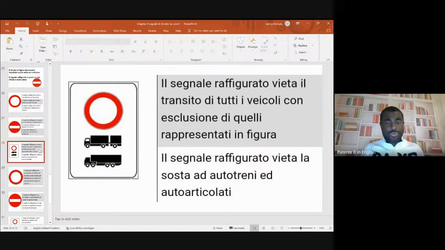Look at this question also. Il segnale raffigurato vieta il transito di tutti I veicoli con esclusione di quelli rappresentati in figura. Il segnale raffigurato vieta la sosta ad autotreni ed autoarticolati.